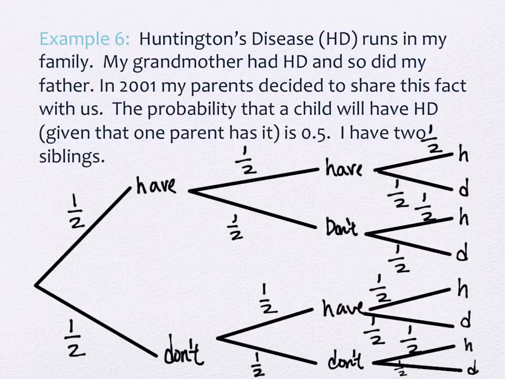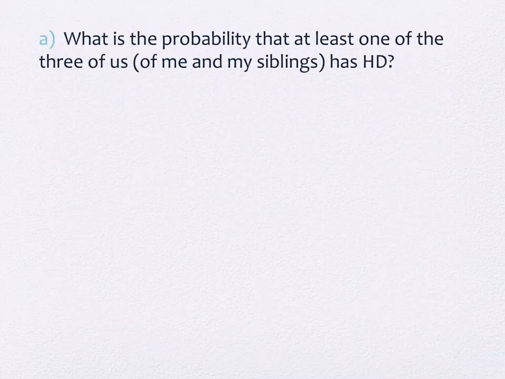If you take a look along all of the branches, there's only one branch where we're all free and clear. That branch is the very bottom one where it says don't, don't, don't. And this branch right here, whoops, highlighter's what I meant, is the one that I was doing in my head that night. And it's a 1/2 along each one of those branches.